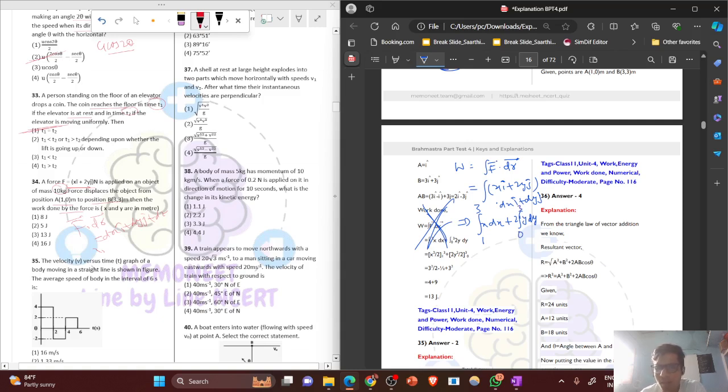It will come out to be x square by 2 from 1 to 3 plus 2 y square by 2 from 0 to 3. Putting the value, it will come out to be 9 by 2 minus 1 by 2, means 8 by 2, result will be 4. And from here, 9 by 2 into 2, 9. 4 plus 9, 13.